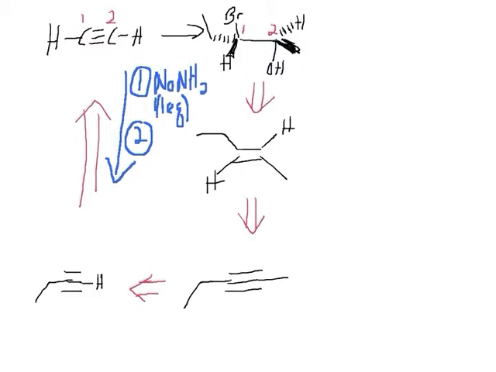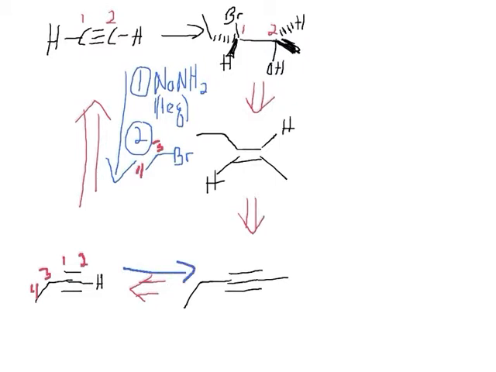How many carbons are we adding in this first step? 2. Good. So that gets us to this, where we've added these 2 carbons. They were right here. So if this was 1 and 2, then this is 3 and 4.